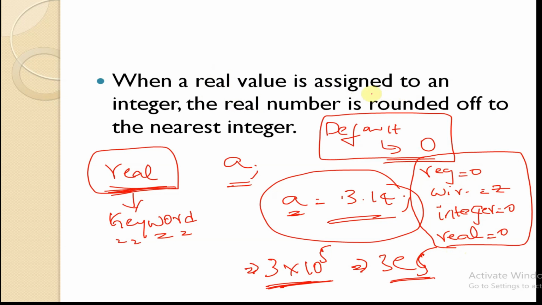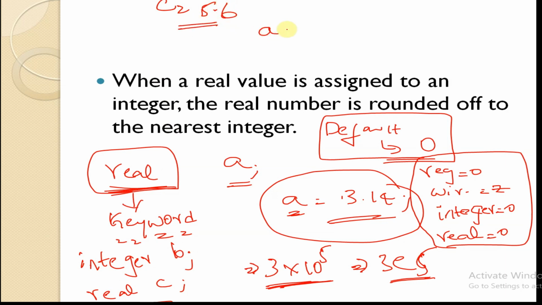When a real value is assigned to an integer, the real number is rounded off to the nearest integer. So if a variable b is declared as an integer, and a real number c is declared as real, and we assign c is equal to 5.6, and then assign b is equal to c, then the value of b will be equal to 6, since 5.6 will be rounded off to 6 and stored into the integer.